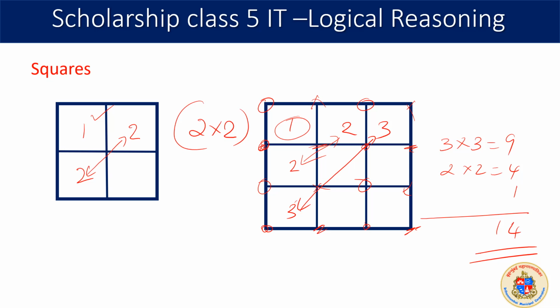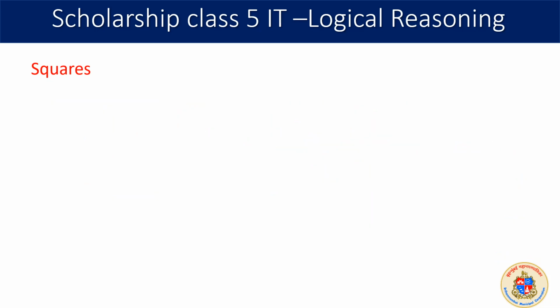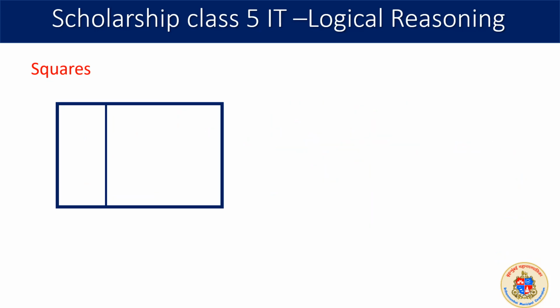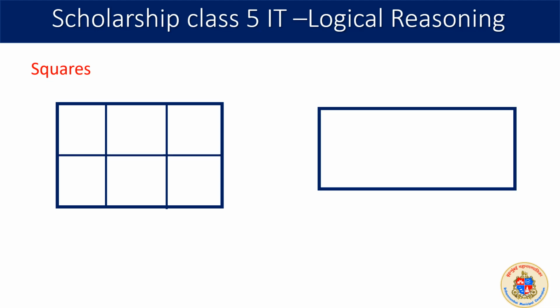This kind of shortcut you have to apply whenever such questions come in the exam. This is about squares within squares. Continuing with squares. Suppose a situation like this. Here these are also squares. But the original figure is not a square, it is a rectangle.